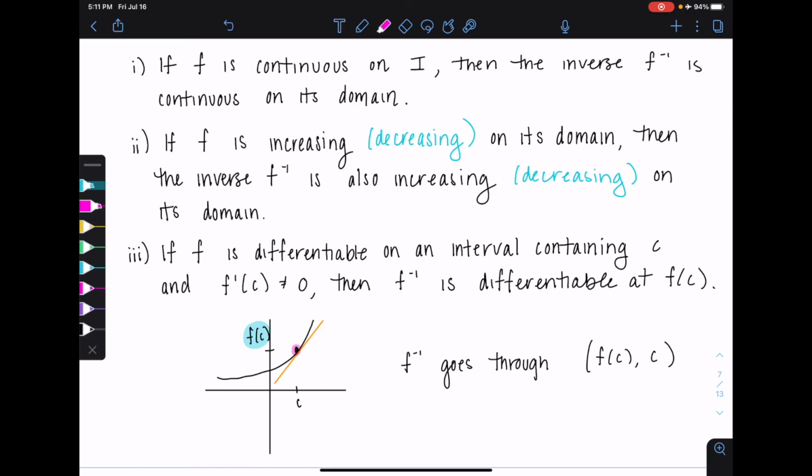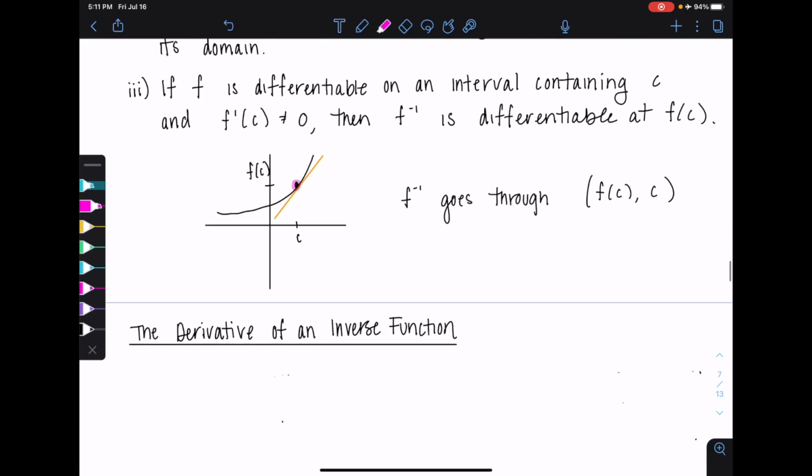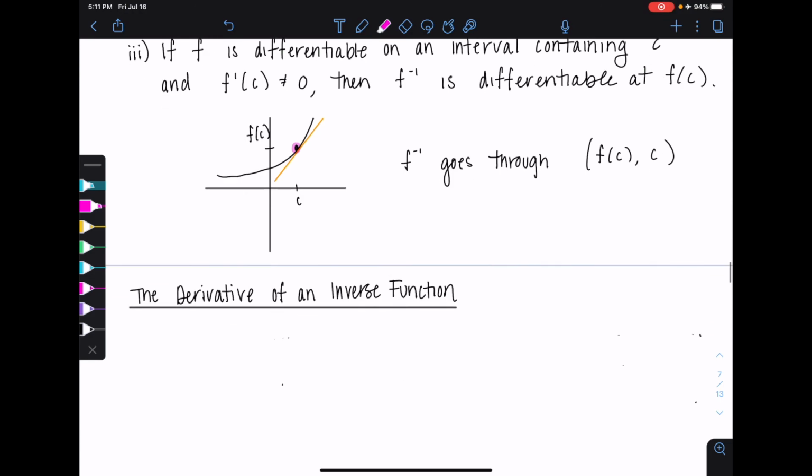So there is going to be a connection between the derivative of a function and the derivative in an inverse. And purely because they are going to flip-flop and swap those roles, basically the inverse is going to be the reciprocal of each other. But to actually come up with a closed form expression for it, we're going to go back and we're going to use our implicit differentiation.